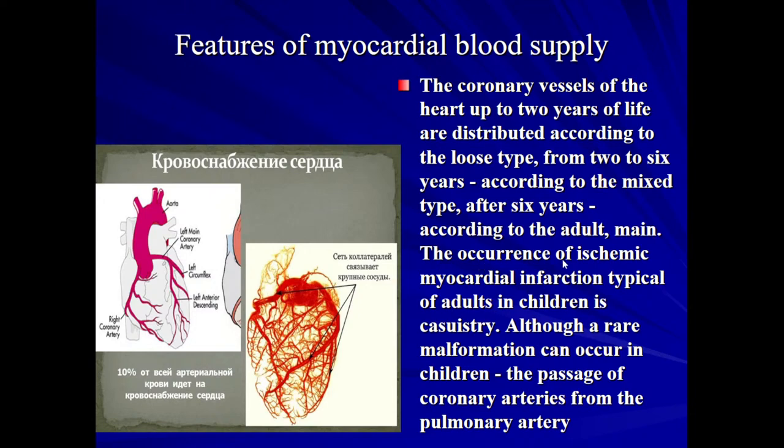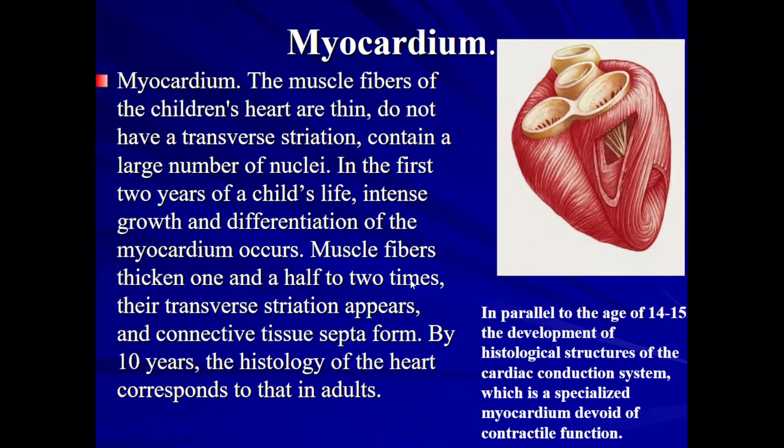The occurrence of ischemic myocardial infarction typical of adults is casuistry in children. Also, rare malformations can occur in children. The passage from the coronary arteries into the pulmonary artery may occur, as well as adult problems.